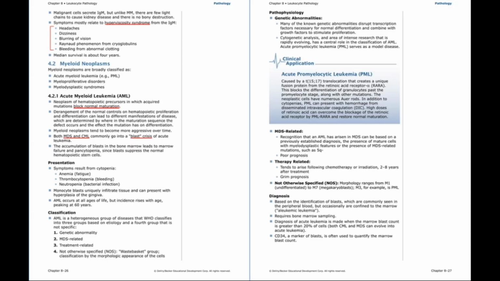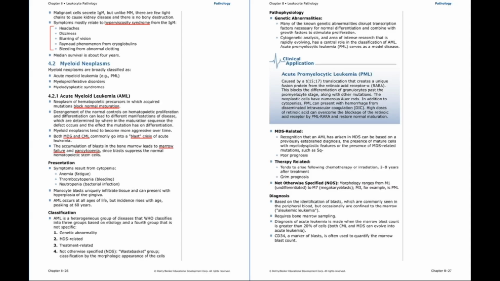Accumulation of blasts in the bone marrow eventually leads to marrow failure and pancytopenia because blasts suppress the normal hematopoietic stem cells. Presentation, therefore, tends to be the usual presentation of myeloid cytopenias. Decrease in red cells, anemia, presents as fatigue. Decreases in platelets, thrombocytopenia, presents as bleeding on epithelial surfaces.